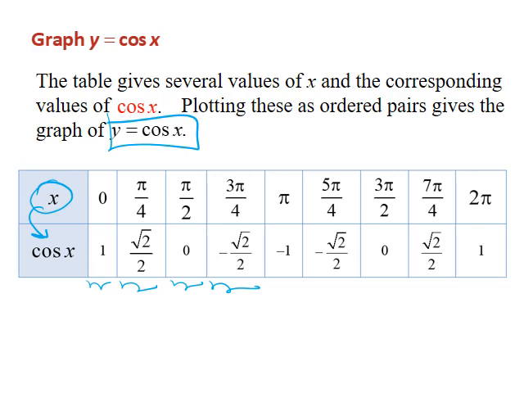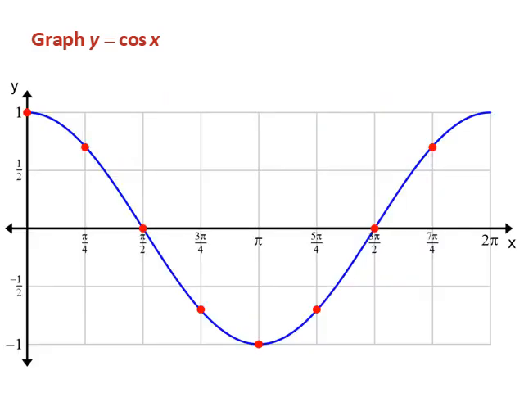And when I graph this, I end up with the following curve. Again, one full cycle or one period occurs in 2 pi units. And again, we have our baseline.